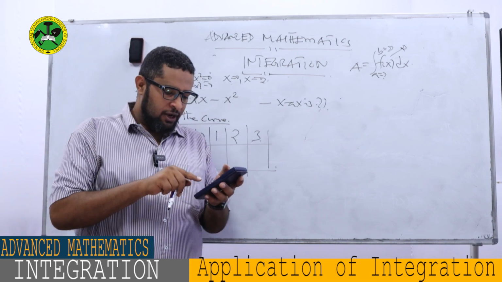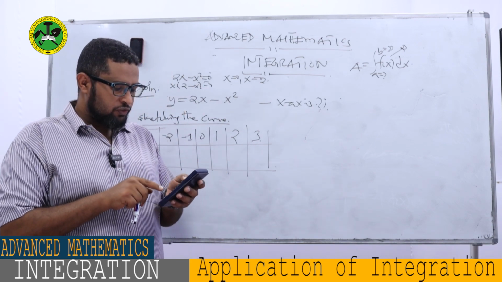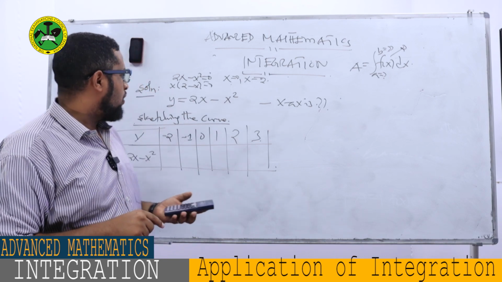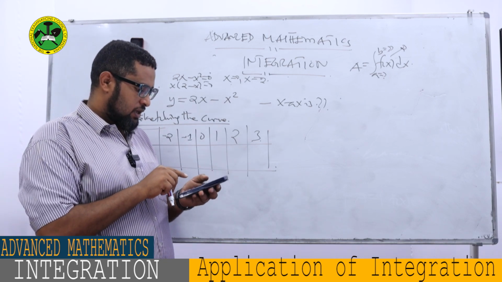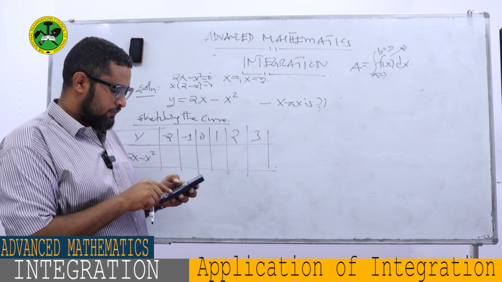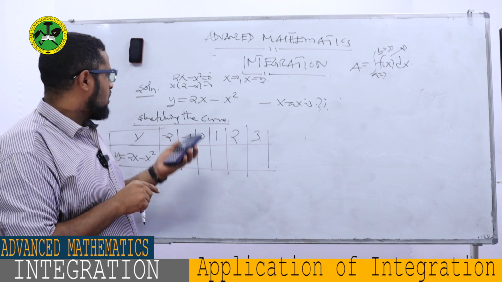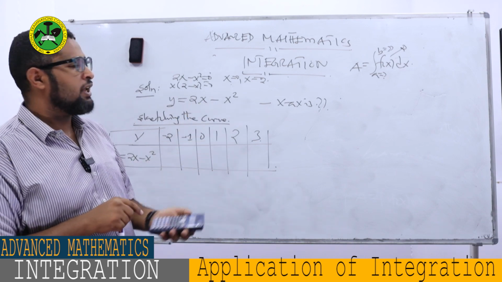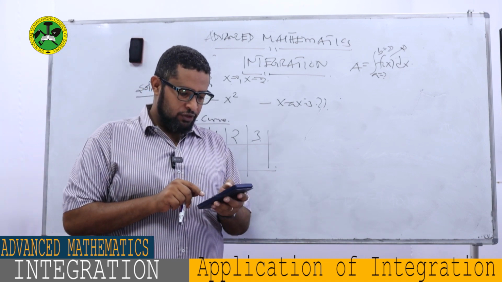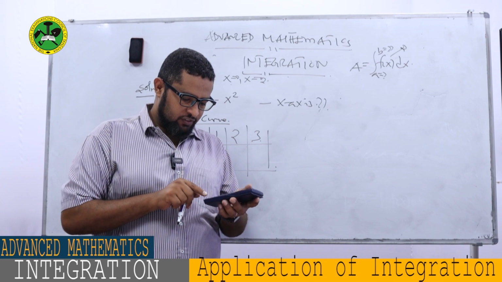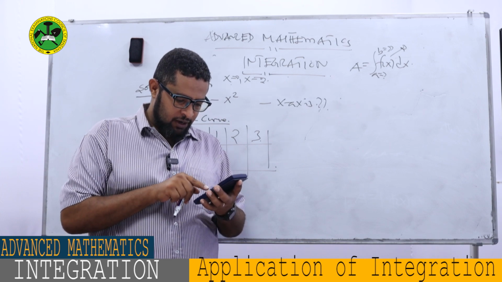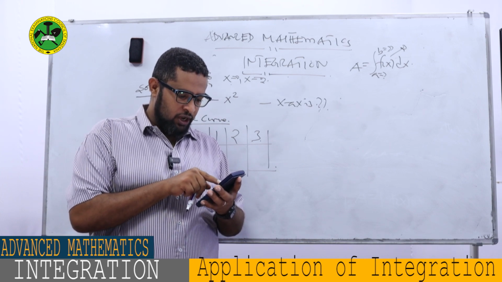Okay, use alpha, then y, alpha equal sign. We are writing that function 2x minus x squared. 2 alpha x minus alpha x, then square.